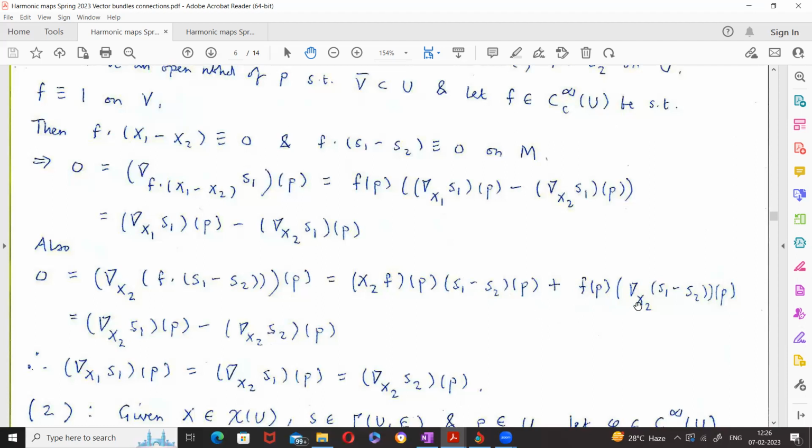So just by linearity in the second variable, this will become nabla X2 S1 minus nabla X2 S2 at P. So that tells you that nabla X2 of S1 is equal to nabla X2 of S2. So putting these together, you get that nabla X1 of S1 at P is equal to nabla X2 of S1 at P, and that is equal to nabla X2 of S2 at P. So that proves the first part.